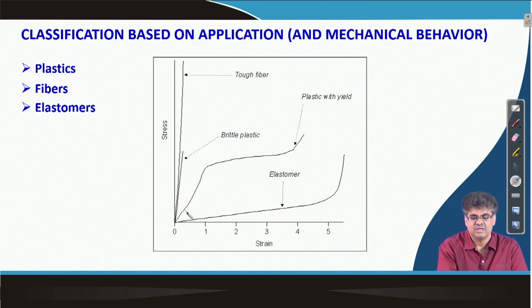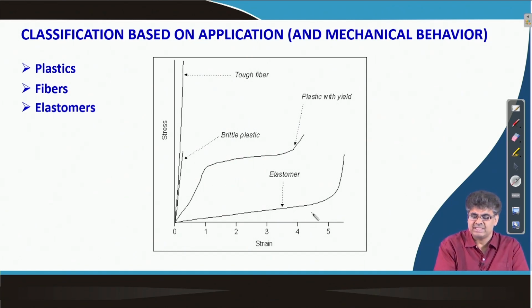So, in this case, we need very high stress for a small amount of strain, and this ratio, stress by strain, is your modulus. So, in this case modulus is very high and here modulus is very low. And in the intermediate, we have plastics, from brittle plastics to plastics which can have yield behavior.